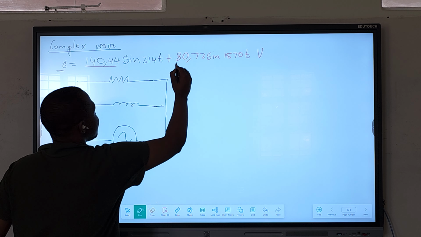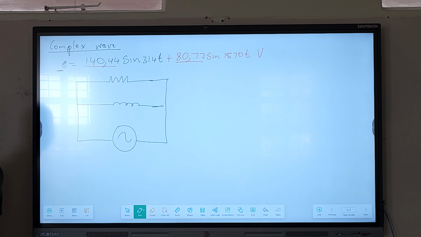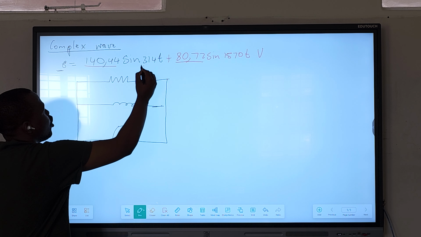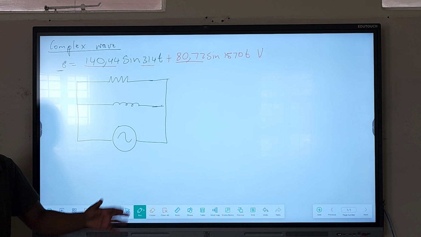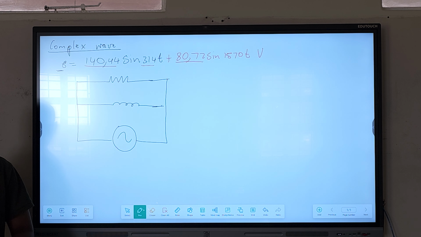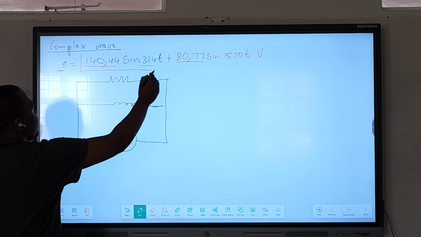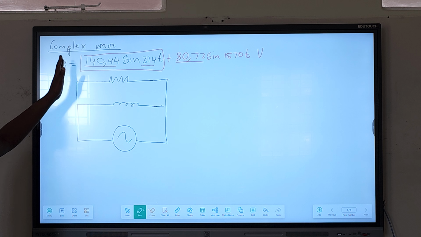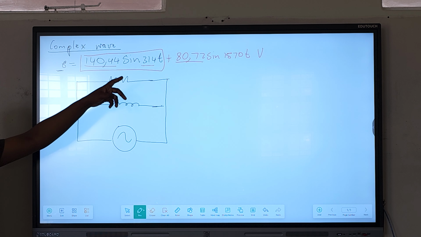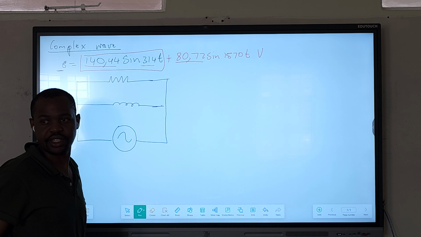The one that has the highest amplitude is the fundamental, or the one that has the lowest angular velocity is the fundamental. So the fundamental harmonic in this complex wave is this one. We want to determine which harmonic is the other one.